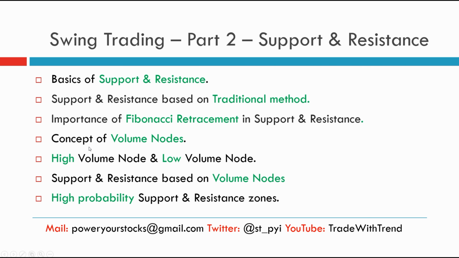And then I'll be moving to a sort of unique concept for support and resistance that I use. This concept is based on market profile volume nodes. So I'll be showing you what a basic volume node is, how you categorize between a high volume node and a low volume node. And then I'll help you identify support and resistance levels based on volume nodes.